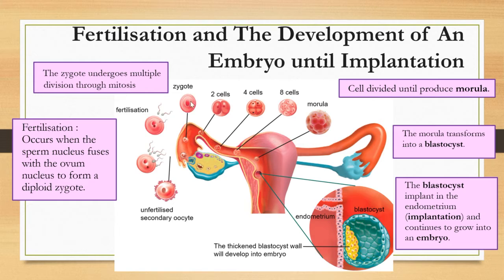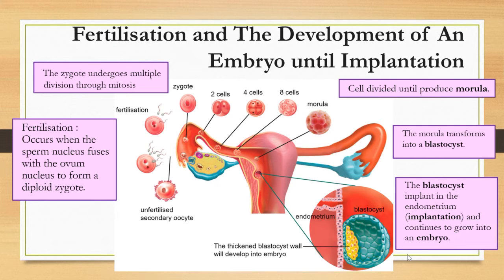The zygote undergoes mitosis to form the two-cell embryo, four-cell embryo, eight-cell embryo, and then turns into the morula. This morula will transform into the blastocyst, and the blastocyst implants itself into the endometrium. So now the blastocyst is implanted and growing into an embryo.